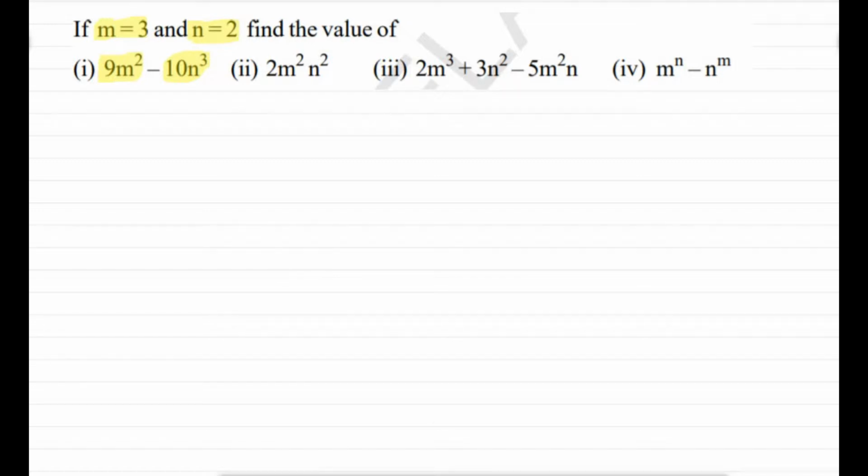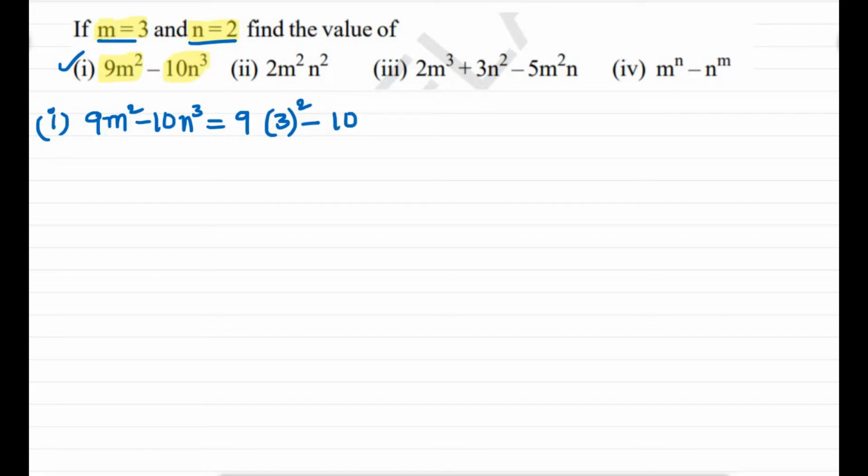The first problem I am taking, the first one, 9m square minus 10n cube, that is equal to, substitute m value as 3, n value as 2. So 9 into 3 whole square minus 10 into, in place of n I am substituting 2, whole cube. Yes, now solve that.